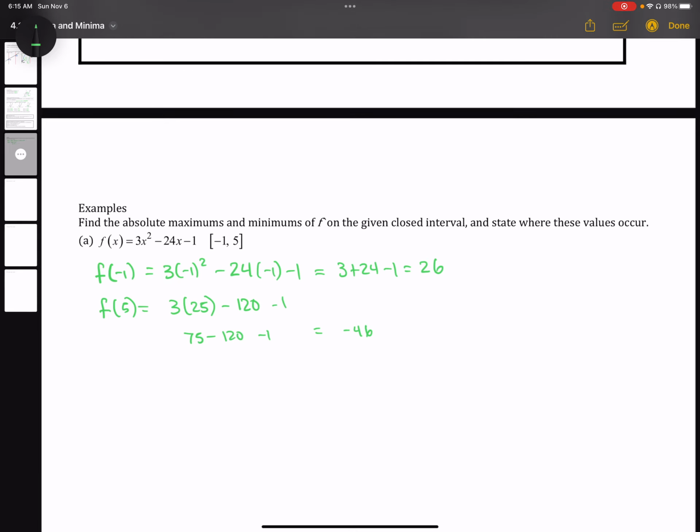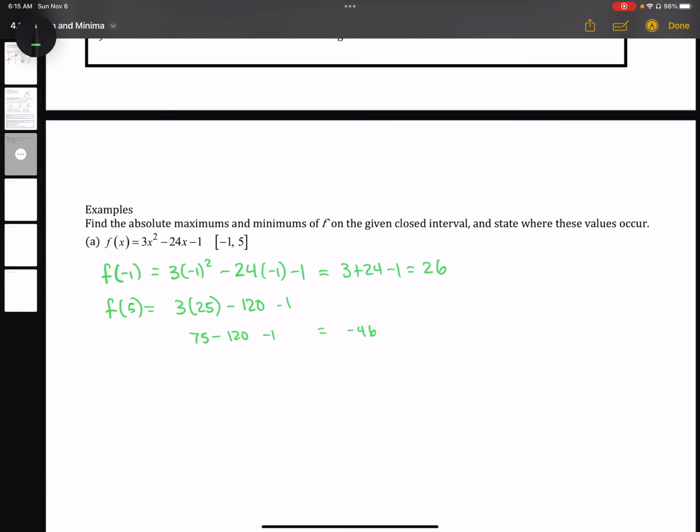So if we write this more organized, at our endpoints, we get 2 points. One point is negative 1, positive 26. The other point is 5, negative 46. So again, we're comparing the y values of these points to find our maximum and minimum.